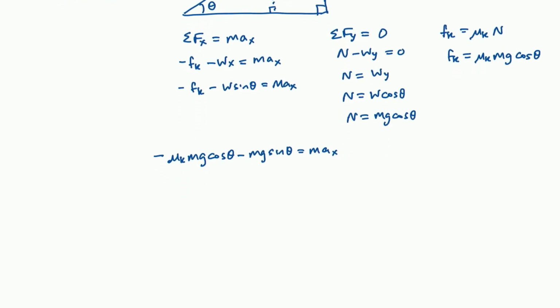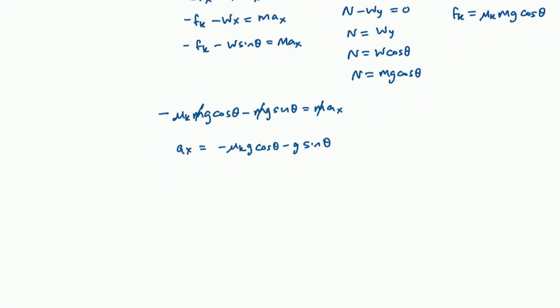Okay, every term has an m, so we can cancel it. We've got one here, here, and here. All right, that's good. And so we end up with a sub x is minus mu k g cosine theta minus g sine theta. We can factor out the minus g.